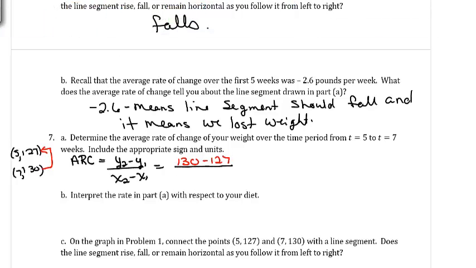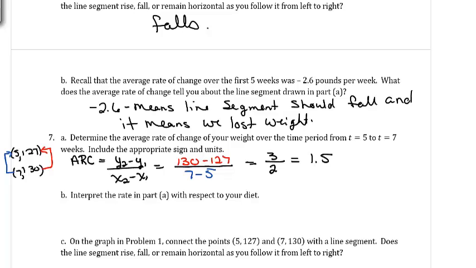Because I started with the bottom number minus the top number for my numerator, I need to do the same thing in my denominator, so 7 minus 5. 130 minus 127 is 3, and 7 minus 5 is 2. And so we get 1.5.